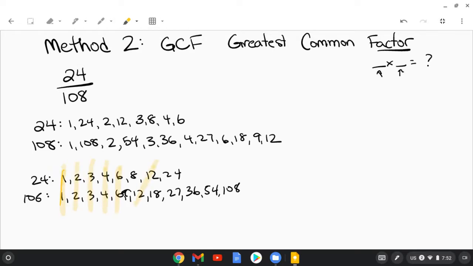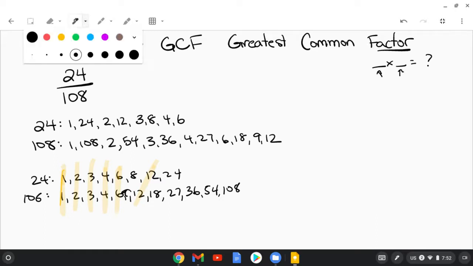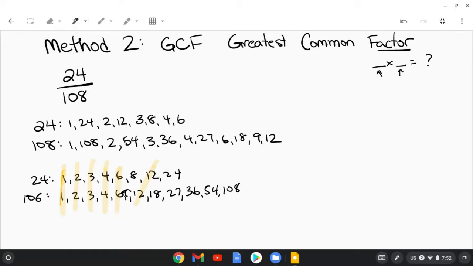And we are looking for the greatest common factor. And that would be 12, which means I can divide the numerator by 12 and the denominator by 12 and get 2 over 9. And so by using greatest common factor, you're only doing one division step, but you have to know the factors and how to find the factors of a number.